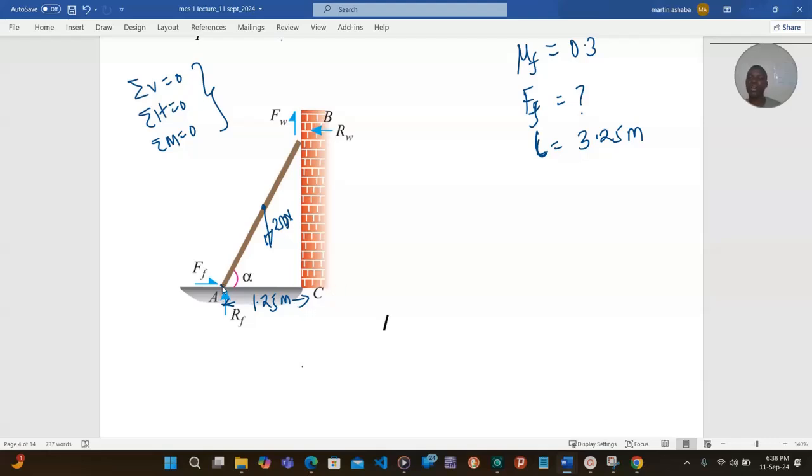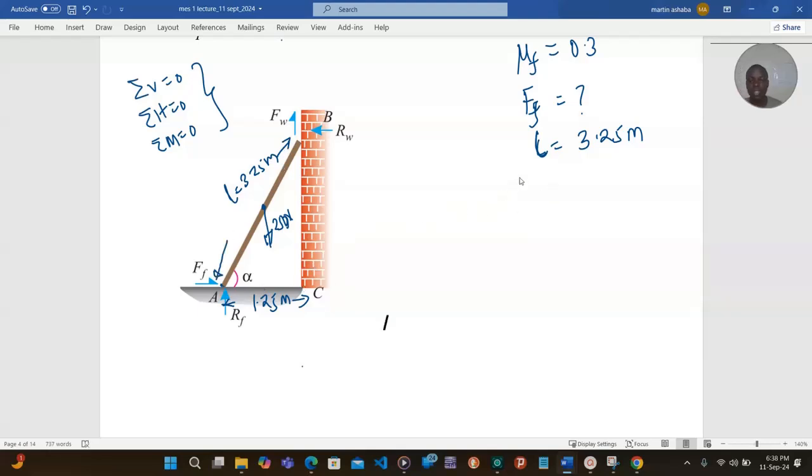This lower end of the ladder is 1.25 meters from the wall. So what does it call us to calculate? We are told that the ladder is 3.25 meters, so for that matter, we can get this angle.